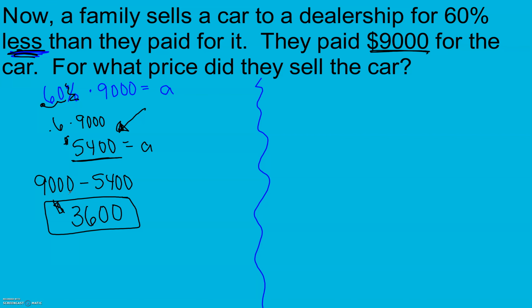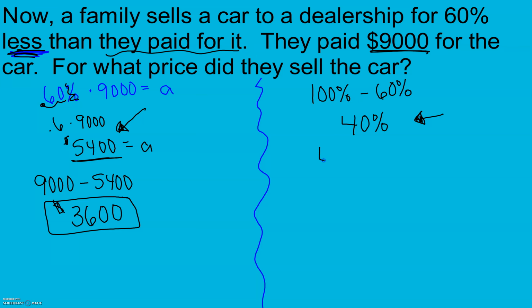The second way we can think about this is originally they paid for 100%. Whatever their total was, that's 100%. Starts off with the whole thing. Now it's 60% less than that original amount. So we can subtract as a percent 60%. And we have 40%. And this percent right here is the percent that they are selling it for. 60% less than what they paid for it, and they paid 100% of what they started with.